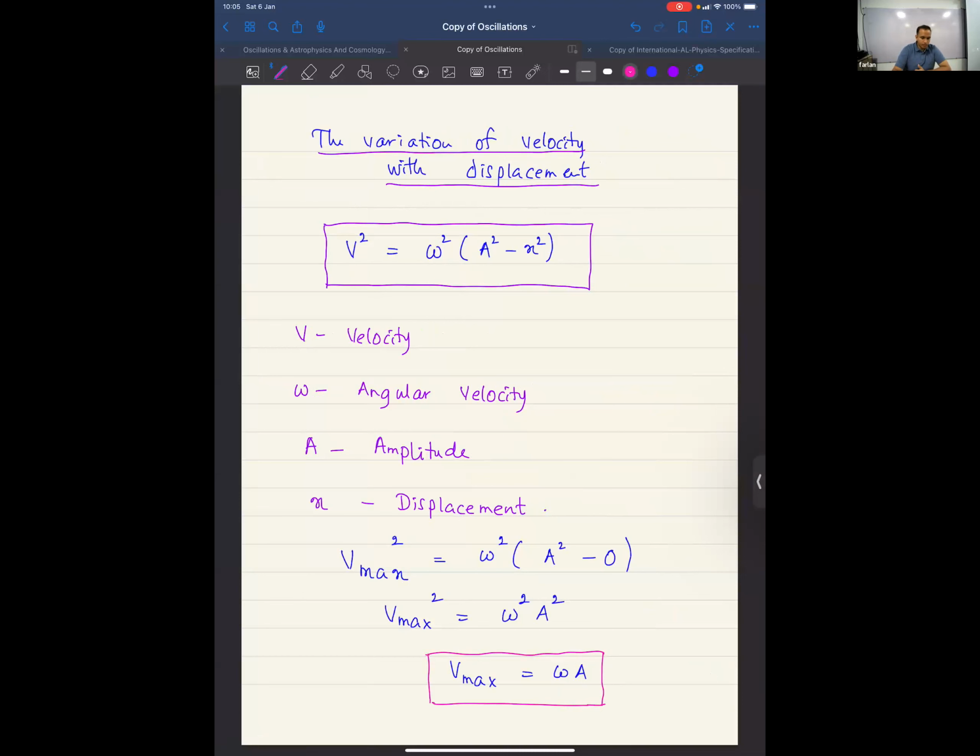Now the relationship between velocity and displacement, how the velocity changes according to the displacement, is given by this equation: v squared equals omega squared times (A squared minus x squared), where v is the velocity, omega is angular frequency, A is amplitude, and x is the displacement. So at a particular displacement, the velocity is given by this equation. Take it down.